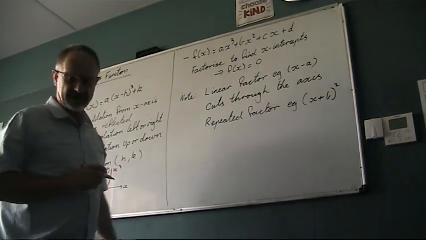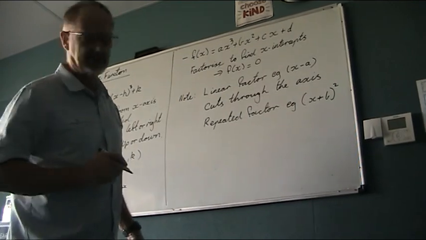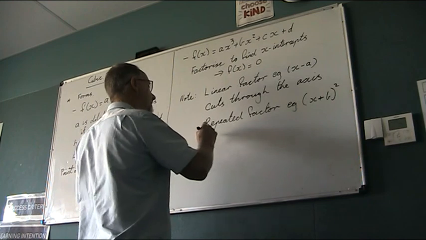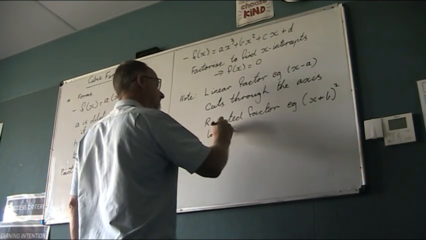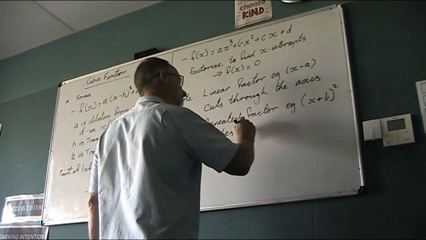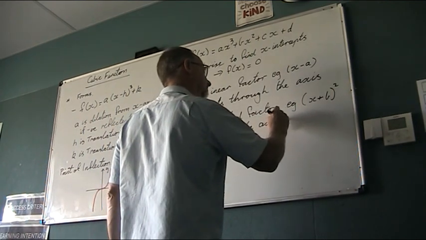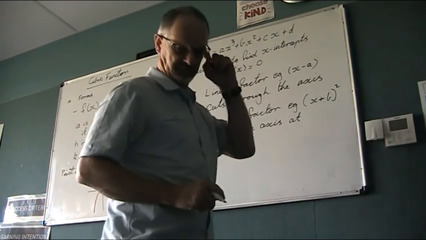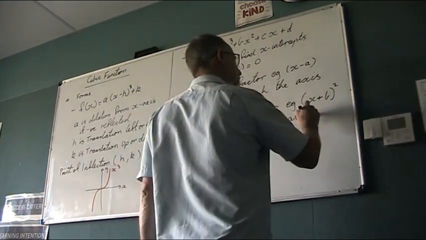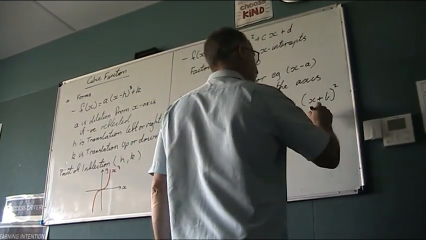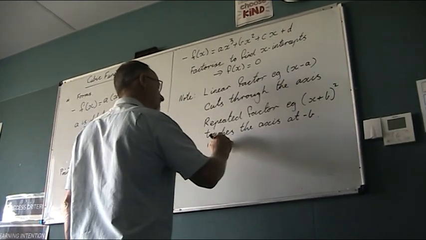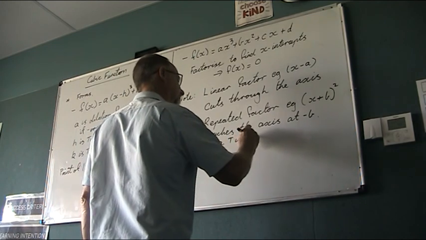That's a repeated factor, and a repeated factor does what at the axis? Turns around, yeah, so it touches the axis at negative b, and i.e. that means turning point.